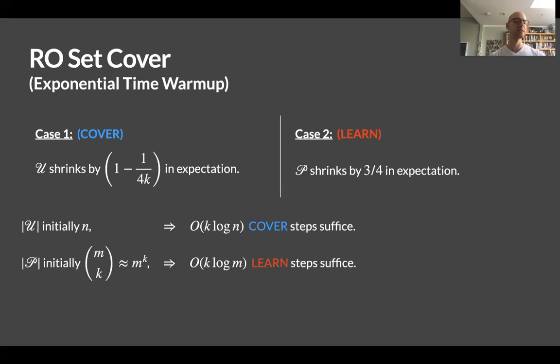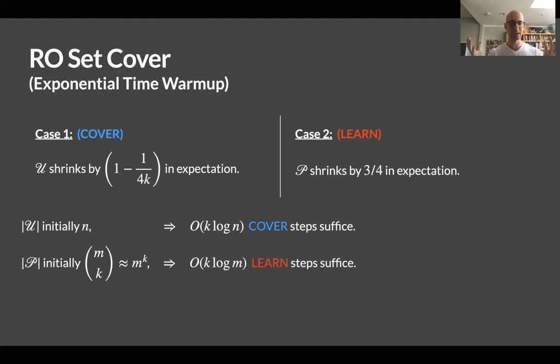On the other hand, the size of P is initially M choose K, something like M to the K. How many learn steps suffice until this goes down to 0 or to less than 1? Also K log M, right? And I claim that if the size of U goes down to 0, then we've covered everything.